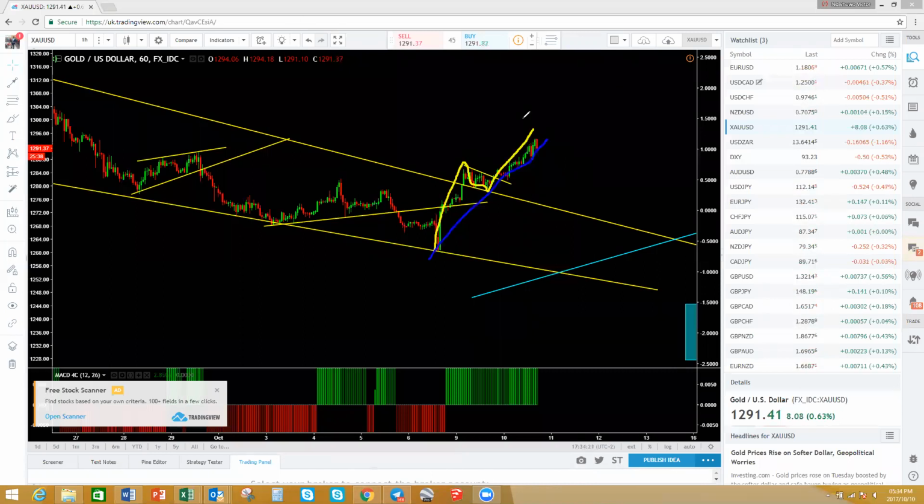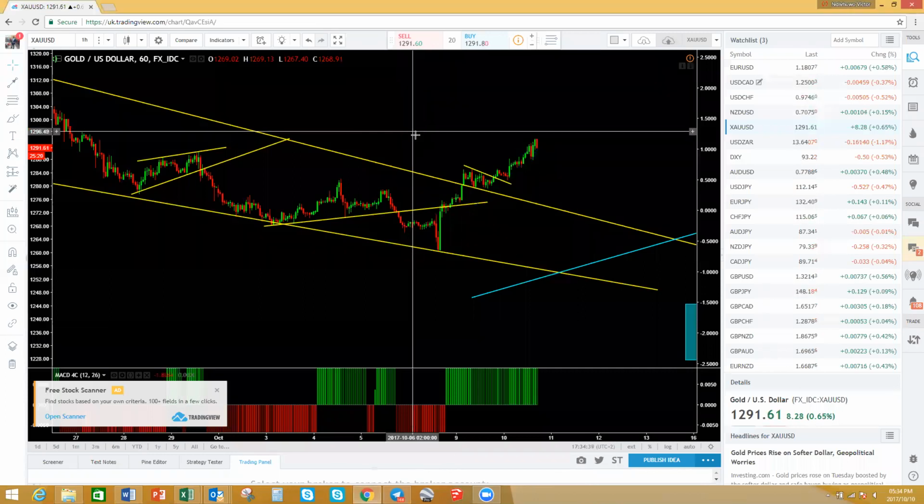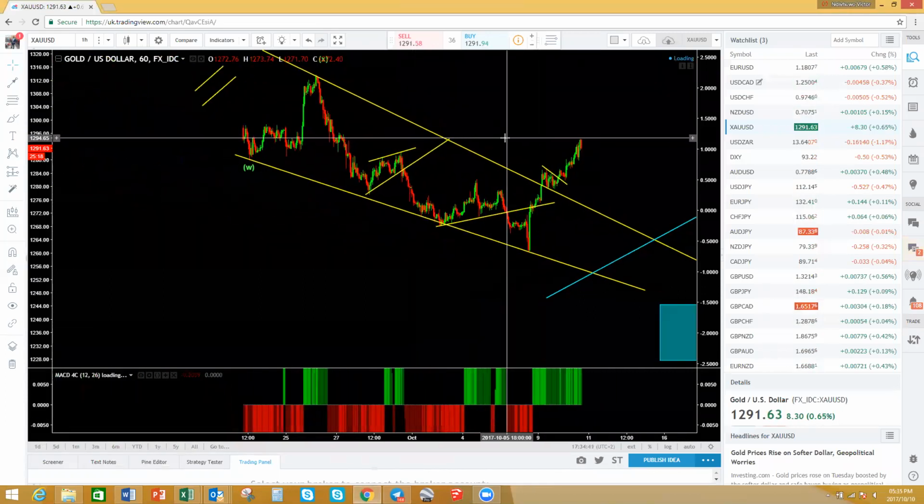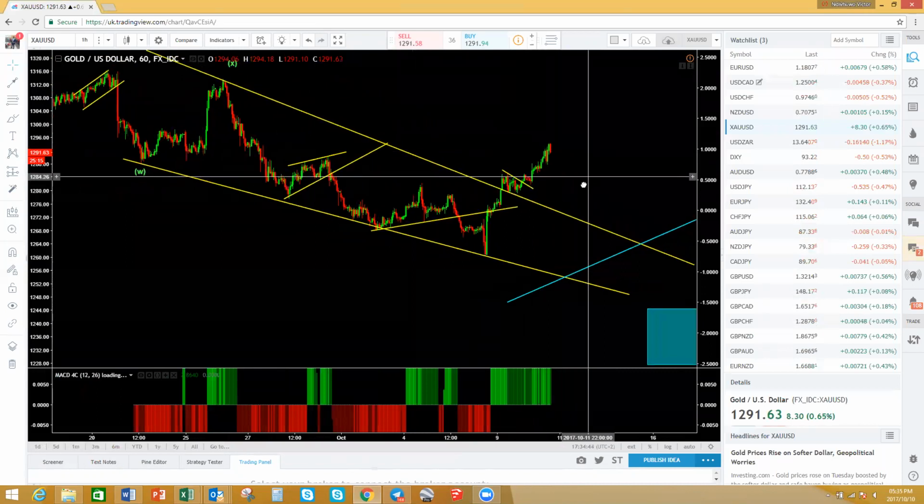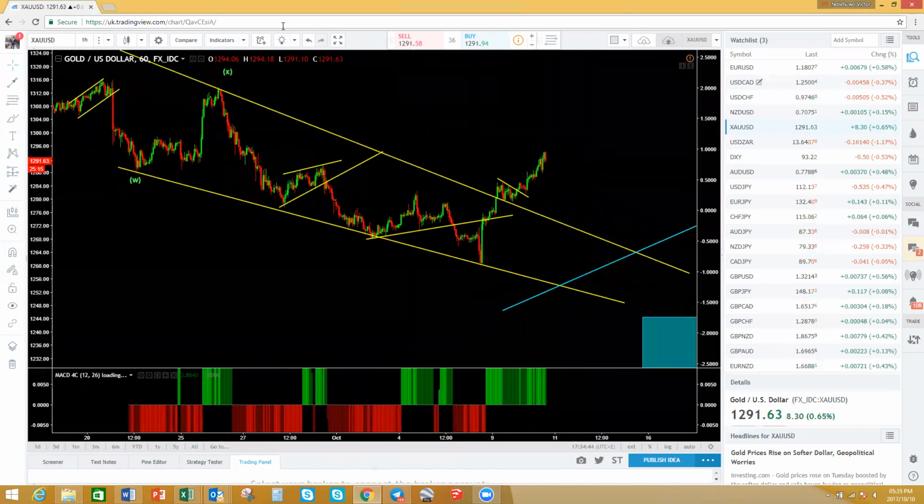When it breaks this, we know that we're ready to go. Down to the 1244, and at 1244, then that was my planned buy area. But now it went up before my buy area. Okay, so that's fine. That's gold.